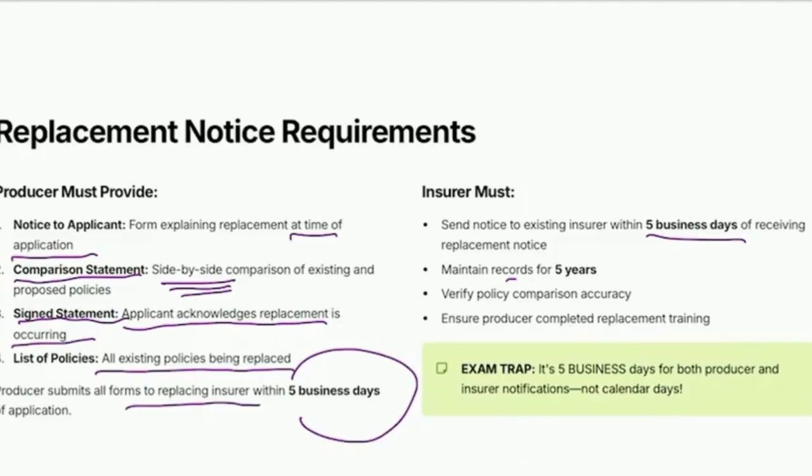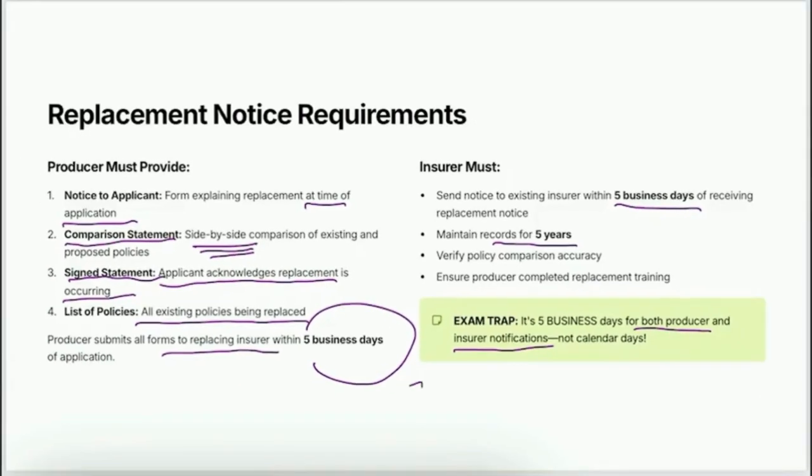So the insurance company must make sure that you are even able to write this. You must have taken your replacement training course, right? It's 5 business days for both producer and insurer notifications, not calendar days. So 5 business days and 5 years for hanging on to policy records.